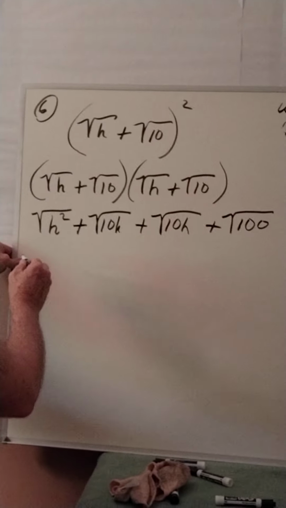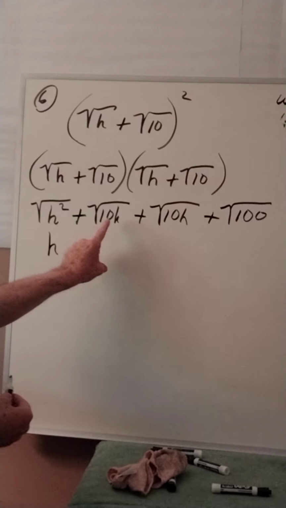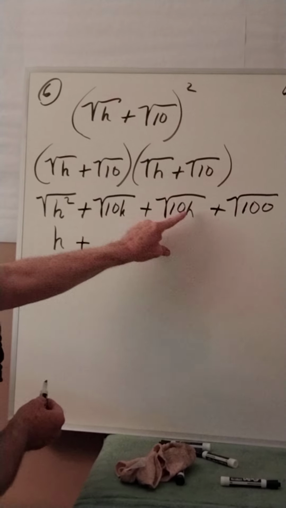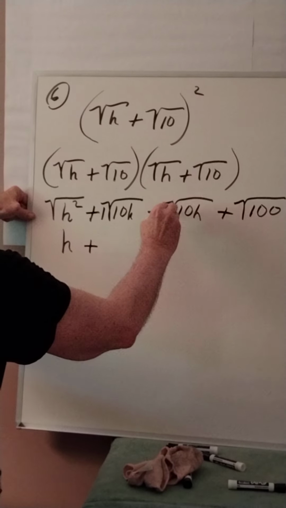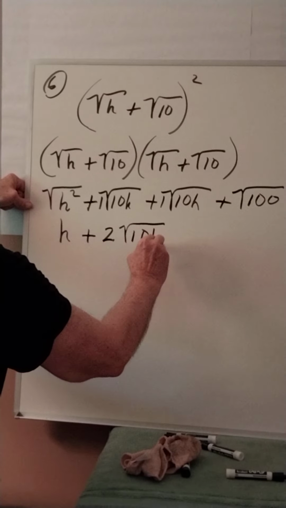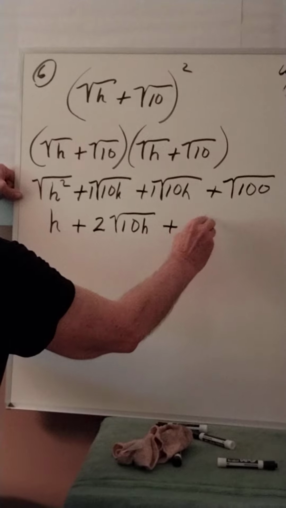He represents a rational. It's root. These are like. We can add them. They're like. You've got one there, and you got another one there. So plus 2 root 10h plus, that represents the rational number of 10.